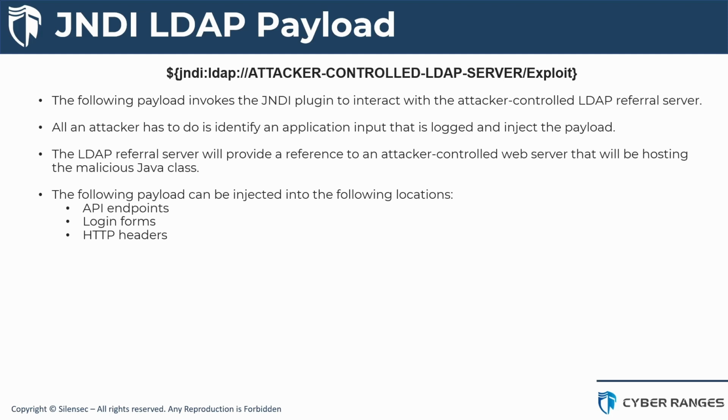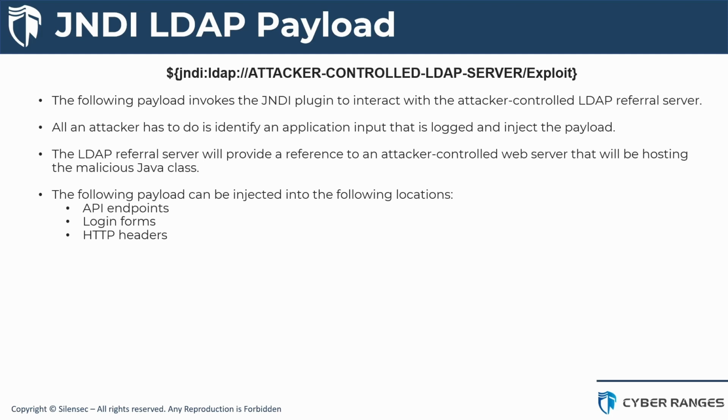So in essence, what we need fundamentally to get this to work is we need to be able to set up a malicious LDAP referral server, which we'll actually be taking a look at how to do, and then inputting the following payload, at least this is the syntax of the payload, into an application input. So we're trying to find an input on the application that is being logged by Log4j.